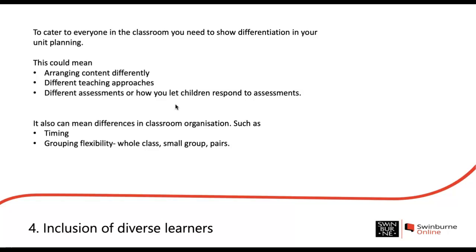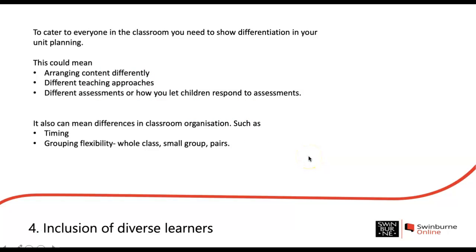Do I need to make it different? Am I just going to do a reading conference with a particular student instead? How can you change your assessment to give you the best information? You might not change assessments. It's just something to consider, and there's not a need to, as long as you've got different content and different teaching approaches shown to us in your unit.